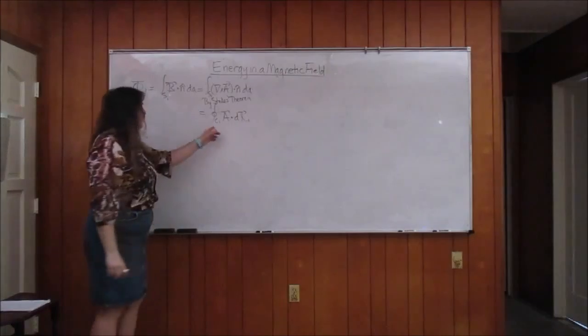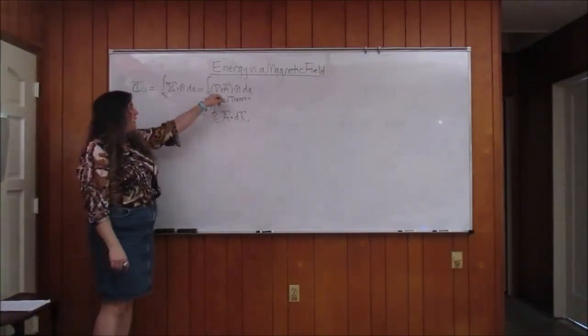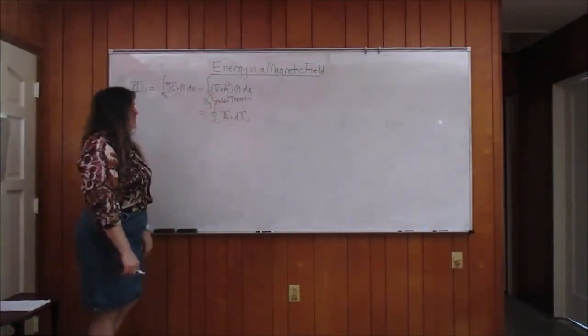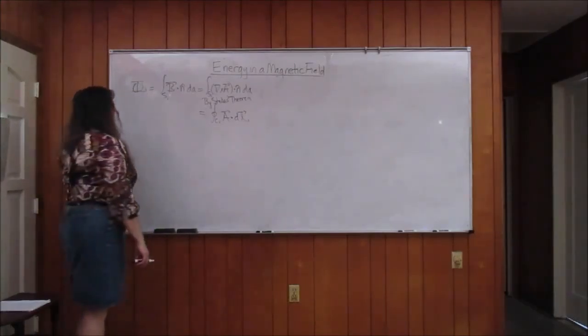So that just becomes a line integral around the path that bounds this surface of vector potential dotted into the line element.